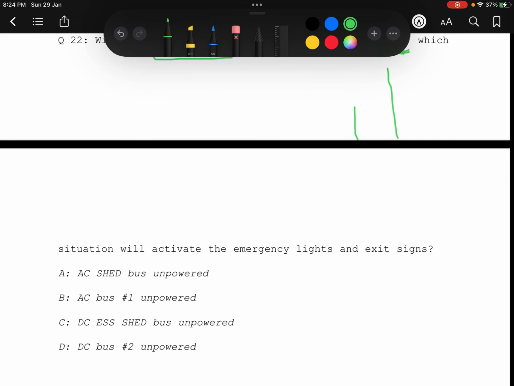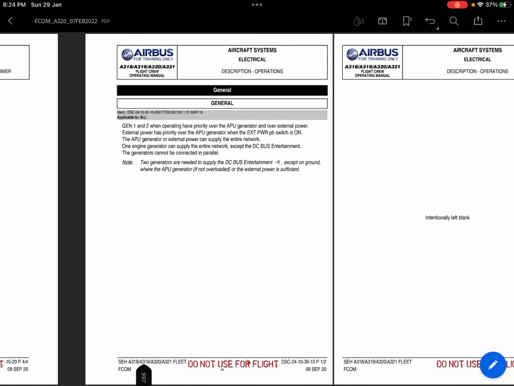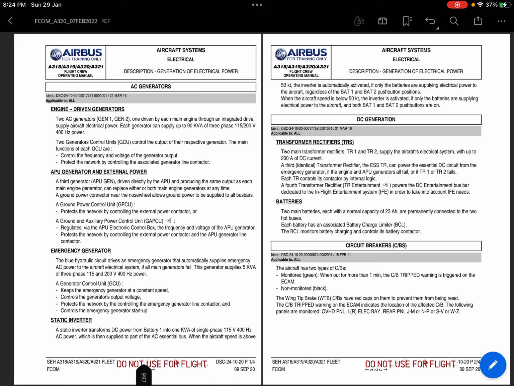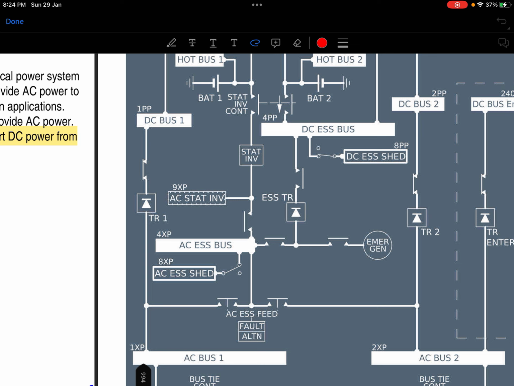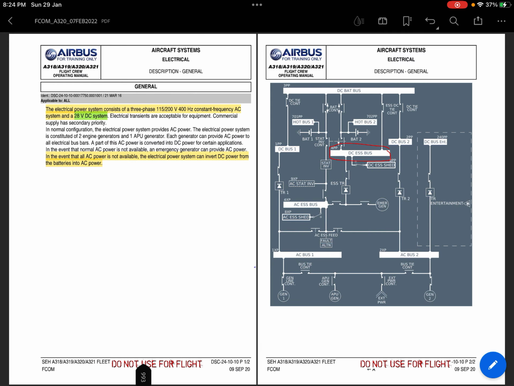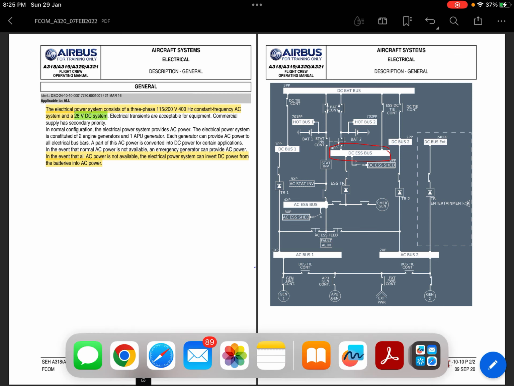Generally they automatically illuminate when the DC essential bus is not powered. But when you have kept it at auto and the ARM position, then if AC bus 1 is unpowered, they will start illuminating.